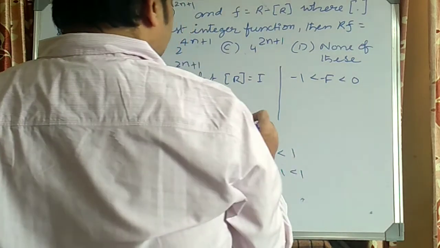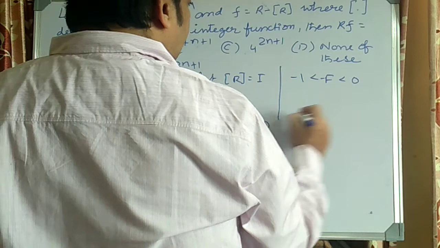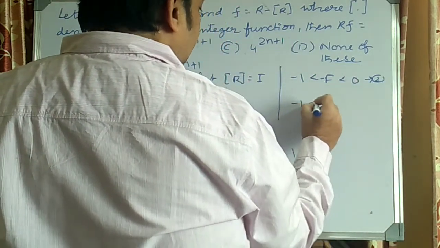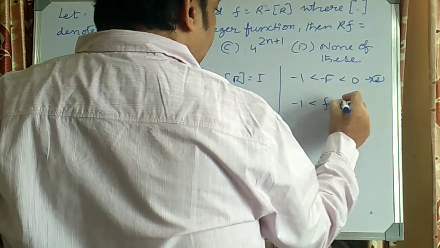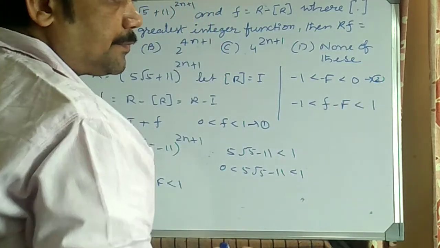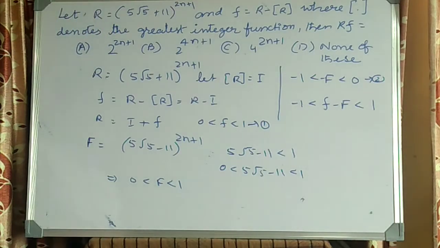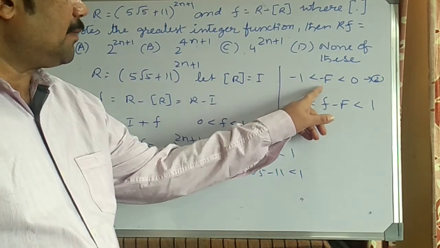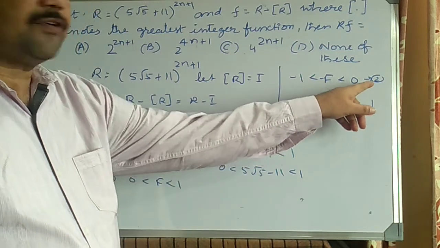So adding equation 1 and equation 2, what do I get? Minus 1 less than small f minus capital F less than plus 1. We have minus 1 less than minus F less than 0, which is equation 2.